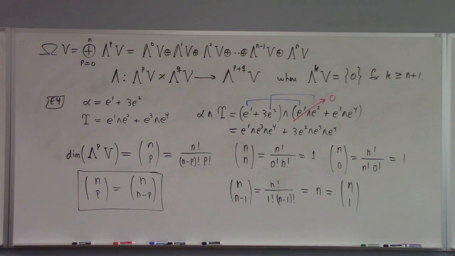See, Hodge duality takes in a P equals 1 form. And so here we have P equals 1. P equals 1 goes to an n minus P form, which is 3 minus 1, which is 2. We take a 1 form in, we get a 2 form out.